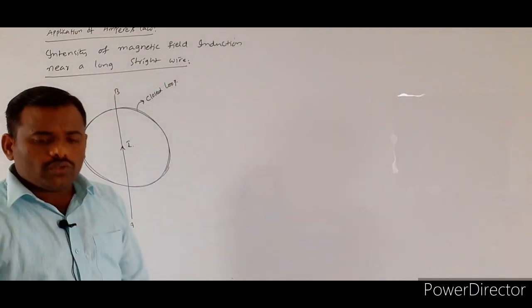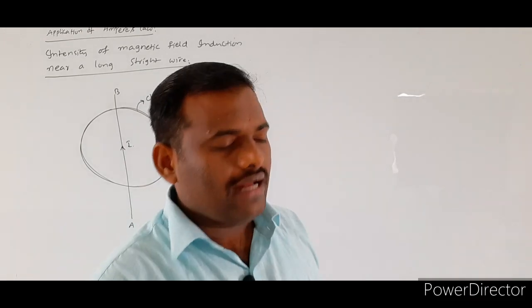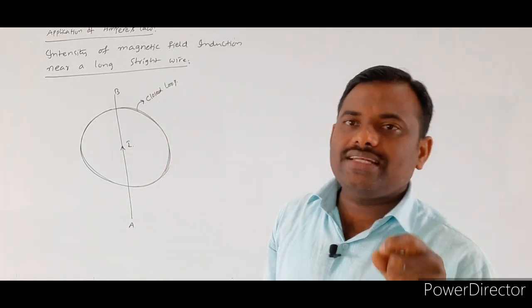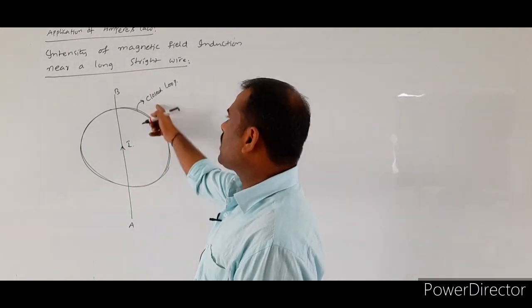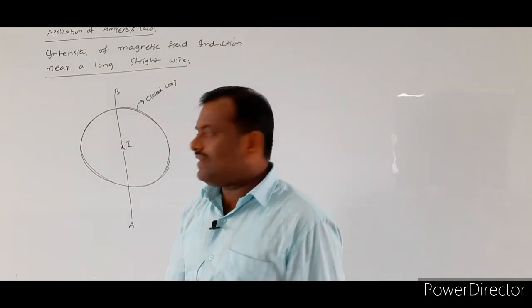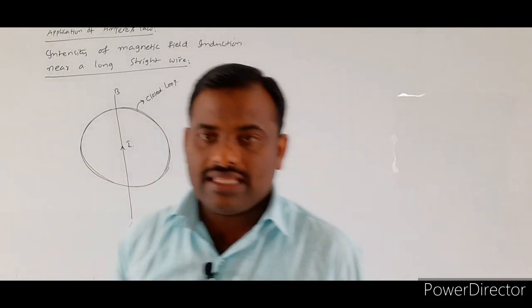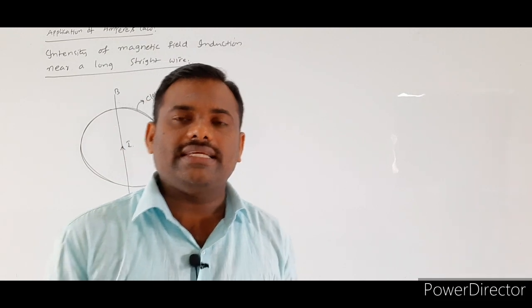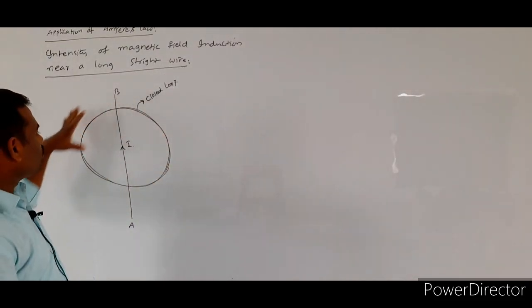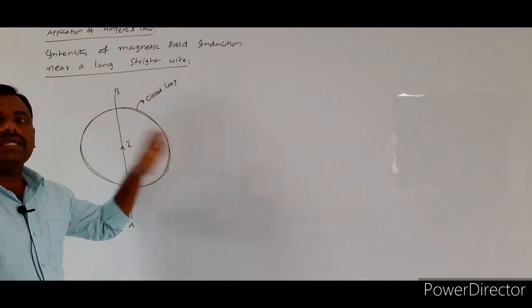For the given straight current carrying conductor, we assume a closed loop around the conductor.